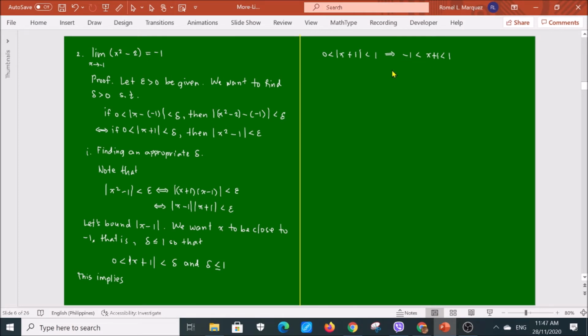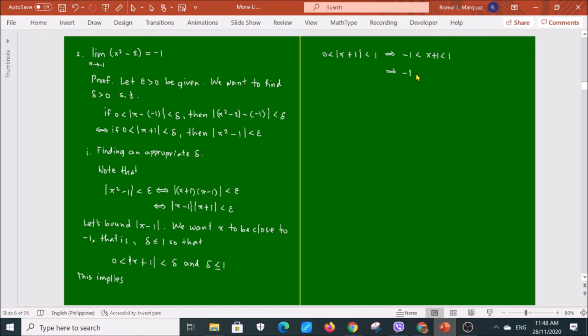I can manipulate this to come up with what I want. Because remember, I want to bound x minus 1. So I want to find the expression, the number that is greater than this. So I want to express that in that form.